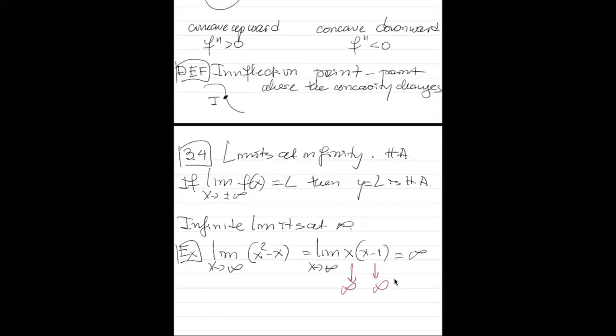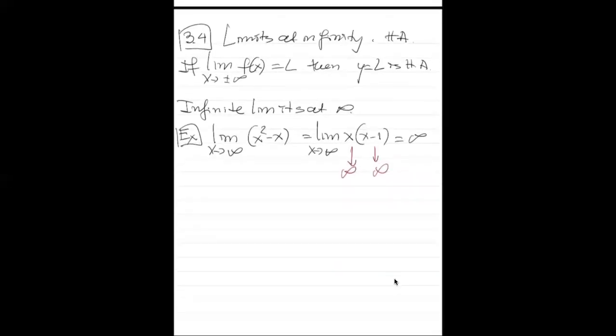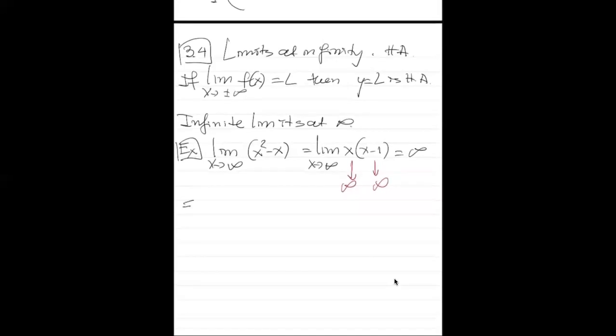Another example about limits at infinity here and a strategy. For example, how do you find the limit of a rational function when x goes to infinity? 1 plus 2x minus x squared is on top, 1 minus x plus 2x squared.